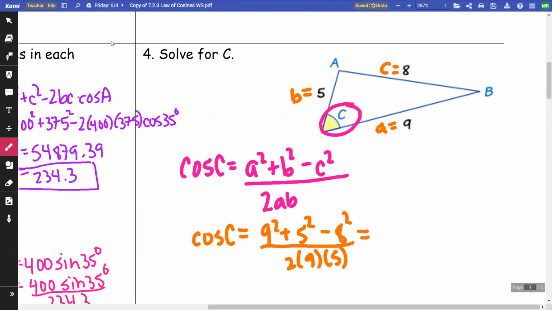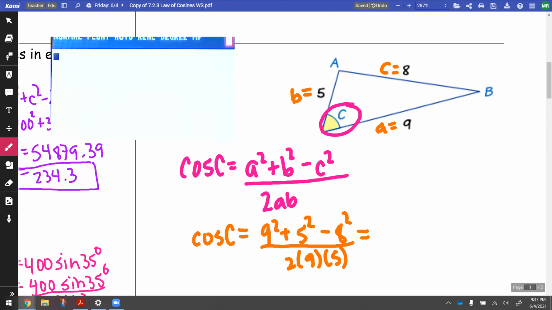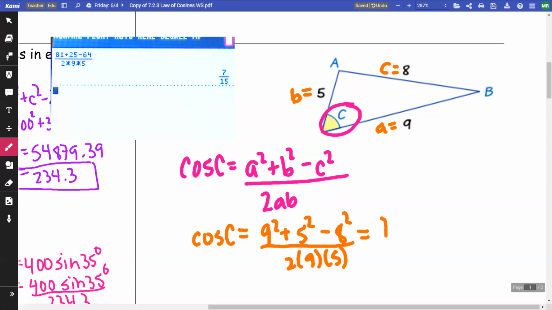Let's see what we get. 81 plus 25 minus 64 over 2 times 9 times 5. I get 7 over 15.